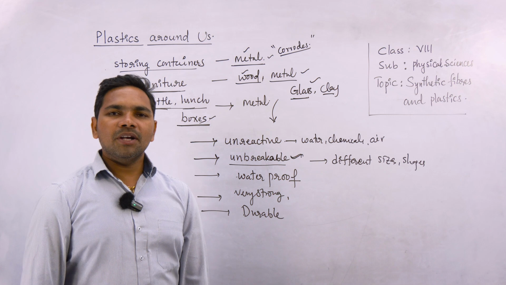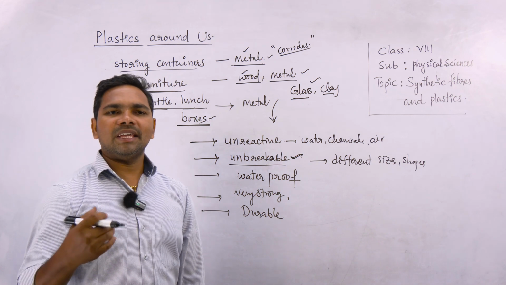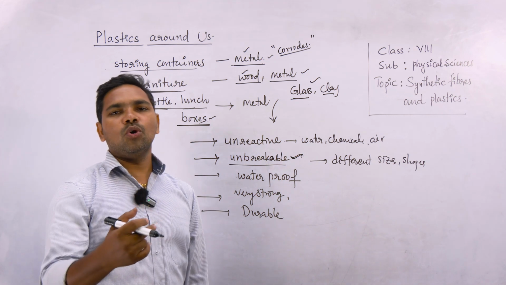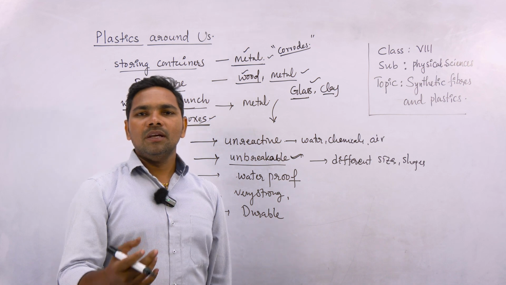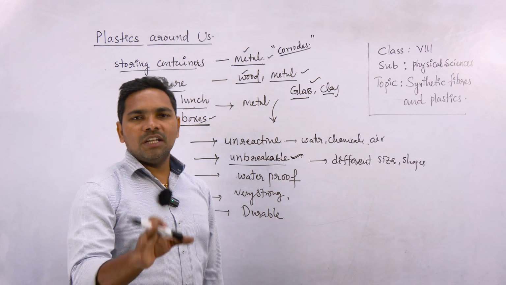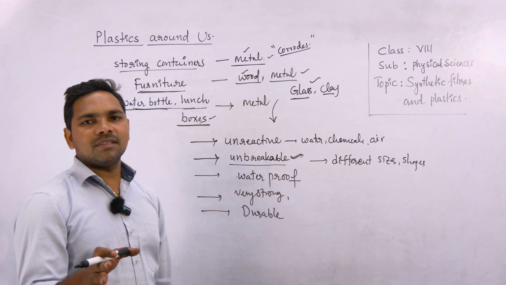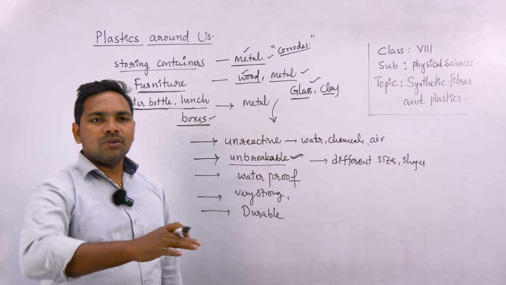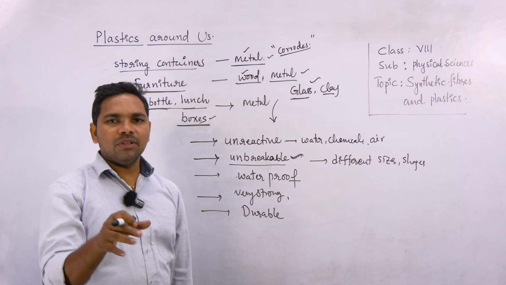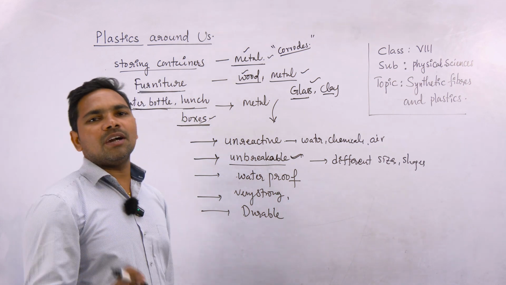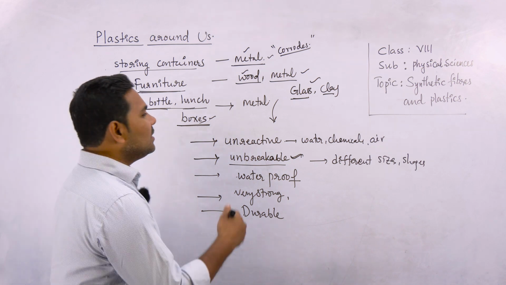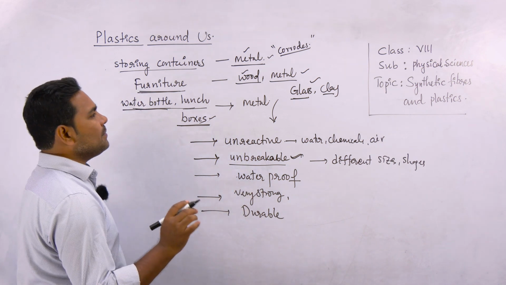Plastic was made, but what happened? Excess use of plastic, overuse of plastic, improper disposal and overuse. As we know, these plastics generally do not decompose in the earth. This is one disadvantage we can say, right?